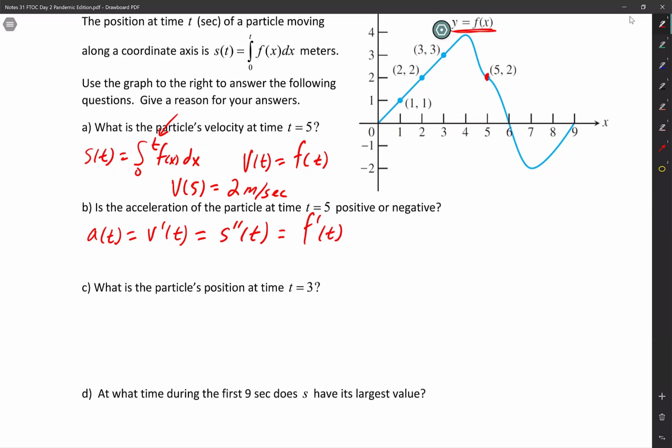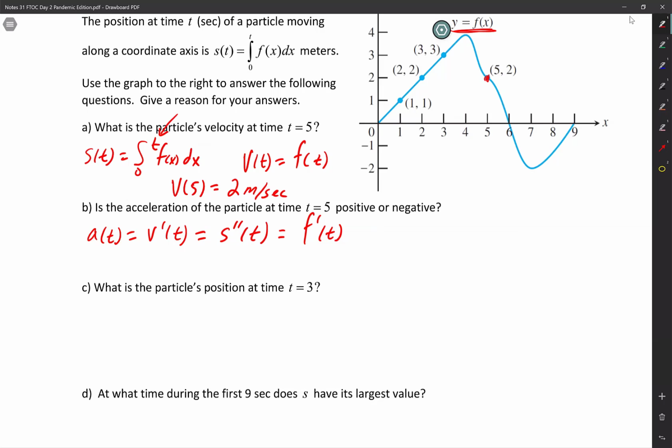Left to right, am I going uphill or downhill? Come on, guys. Don't be scared. Just tell me what you think. Decreasing.